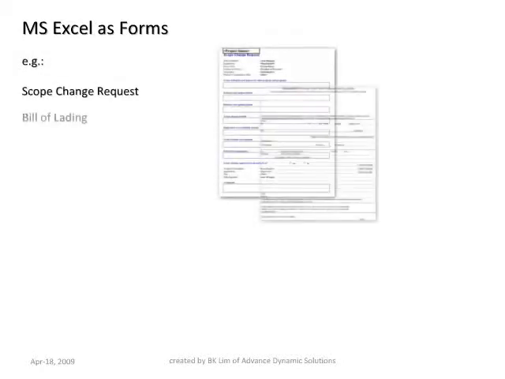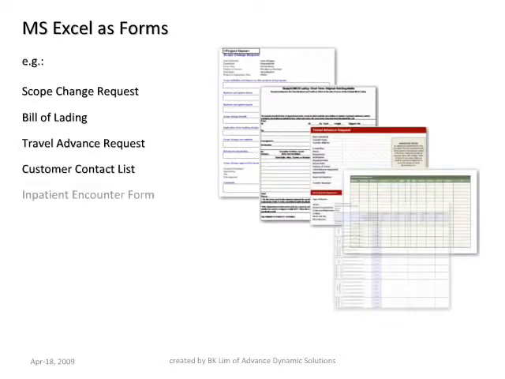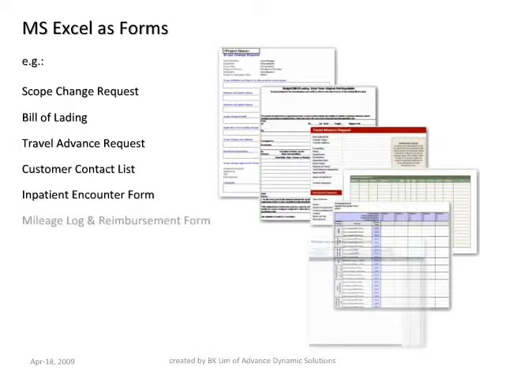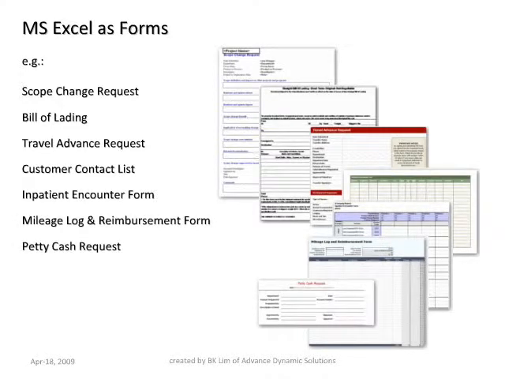We use Microsoft Excel to create forms like scope change request, bill of lading, travel advance request, customer contact lists, inpatient encounter form, mileage log and reimbursement form, petty cash request.